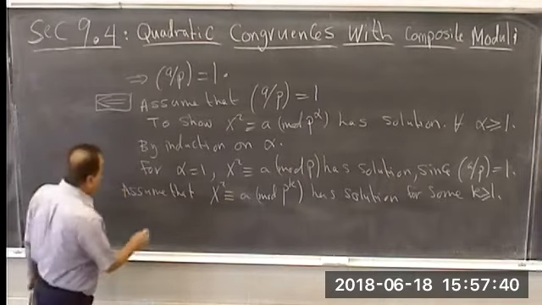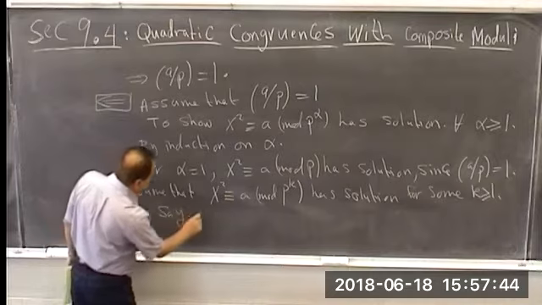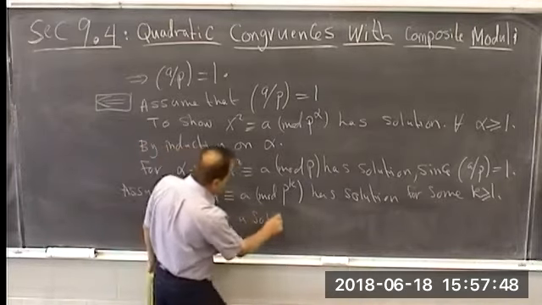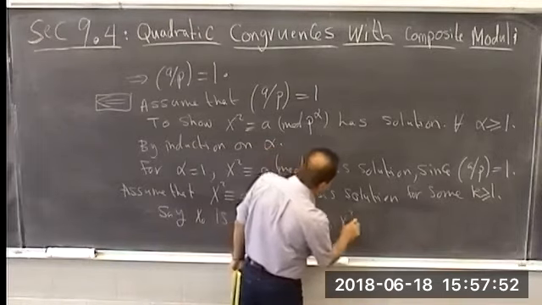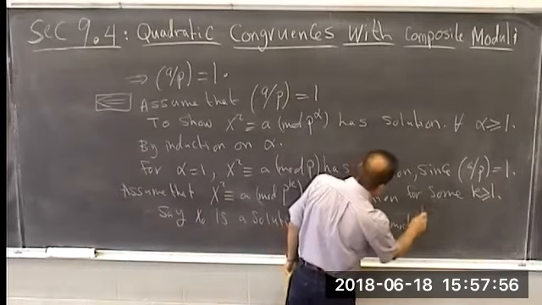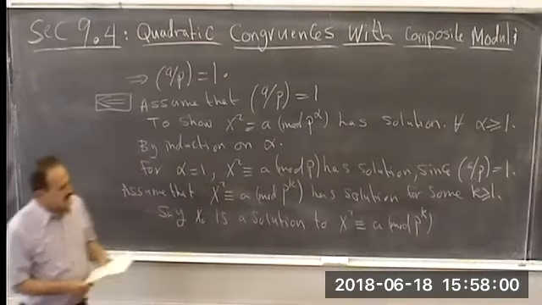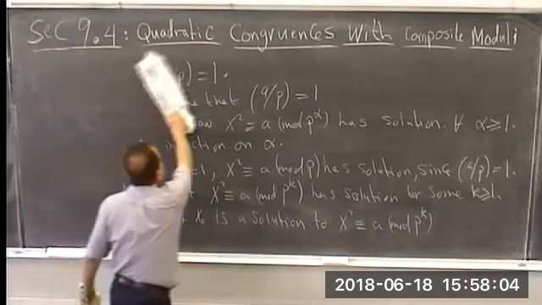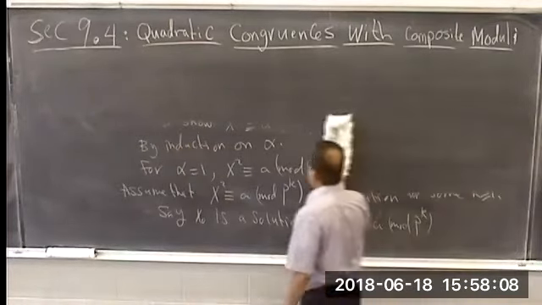Let's say x sub 0 is a solution to x squared congruent to a mod p to the k. All right, well, let's use the definition of what this means and try to obtain a solution for p to the power k plus 1.